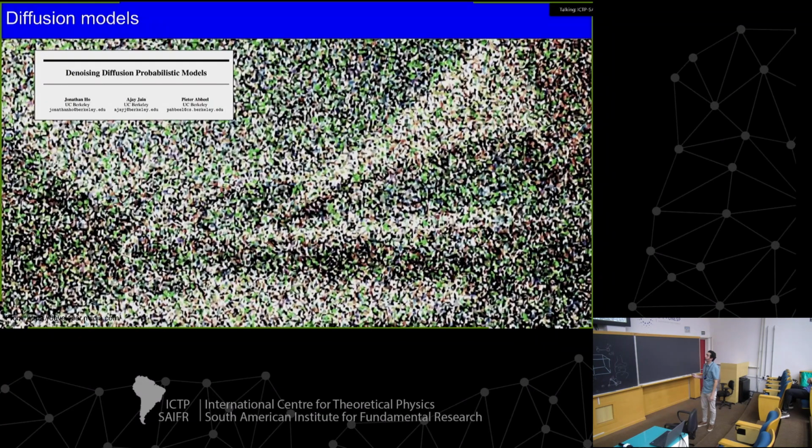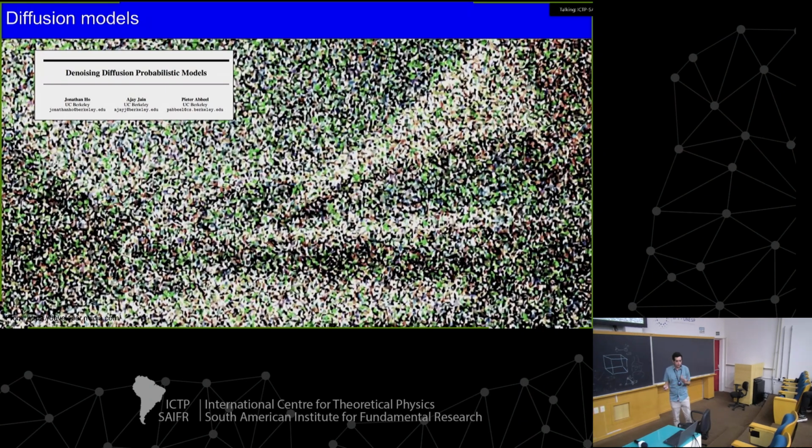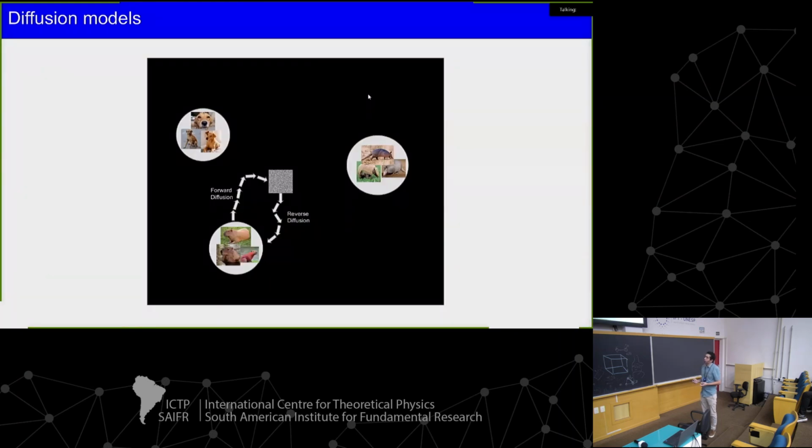So people started implementing the denoising diffusion probabilistic model for images. I think images were the first case of success of diffusion models. The idea here is to create new images from pure noise. You can think about this as a high-dimensional space of images.